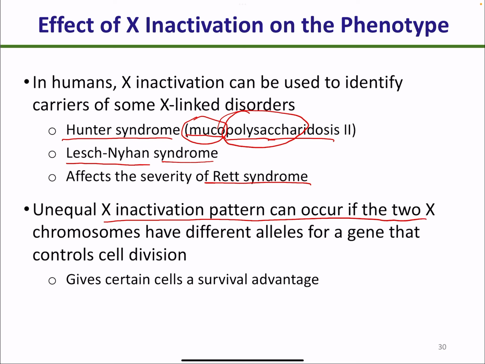We saw that, right? For a gene that controls cell division, that's a major issue, because now we are going to see a difference in survival based on which X is activated and which X is inactivated, right? So some cells are going to have a survival advantage while others are going to have clearly a disadvantage.